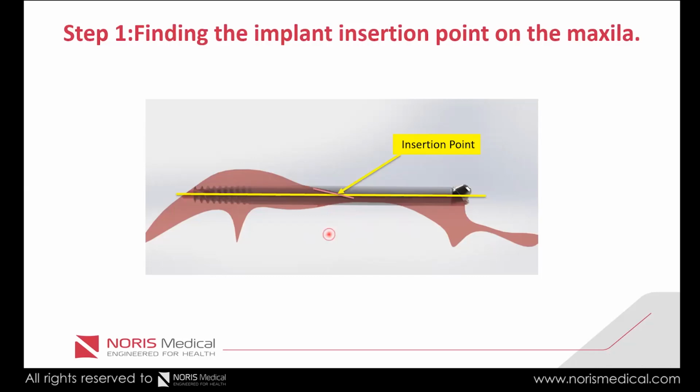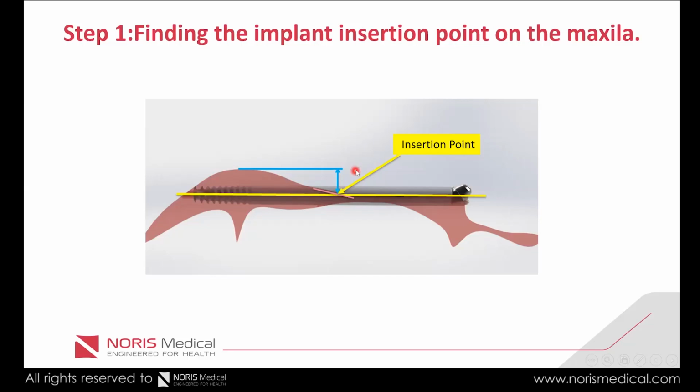Now this insertion point has a distance from the top of the zygoma bone. Actually, when we're looking from here, it's like we're facing a mountain. We cannot see the other side of the mountain, but we want to have a tunnel in this mountain, and we want to make sure that we have the tunnel correctly.